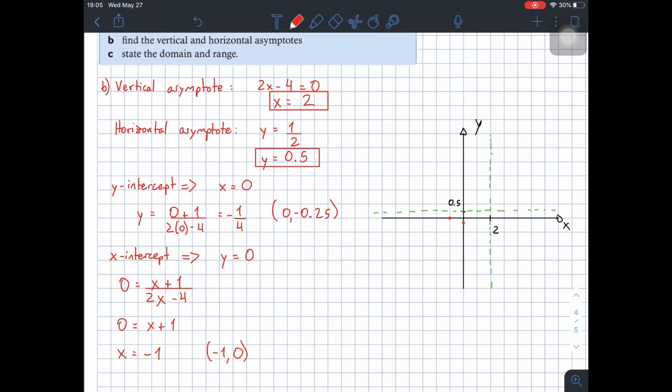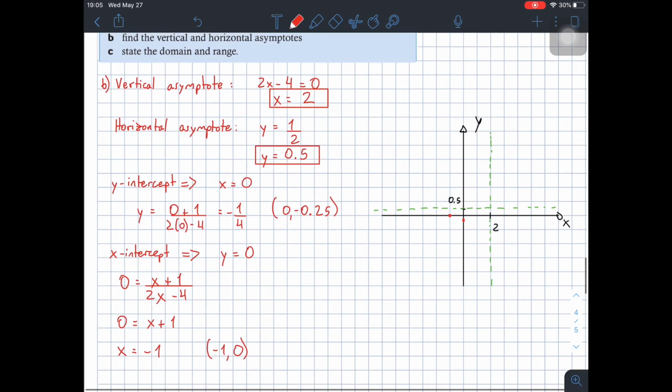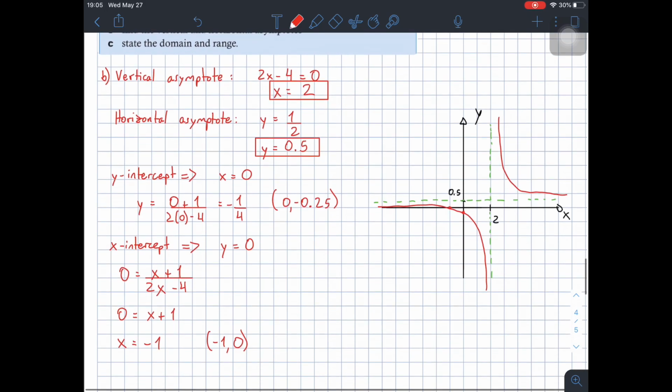So we already know where this hyperbola should be, right? It should be in the third and first quadrant once again. So if we sketch this by hand, obviously, we're going to have the shape of the hyperbola right here and the shape of the hyperbola right here. Okay, so that is the sketch.